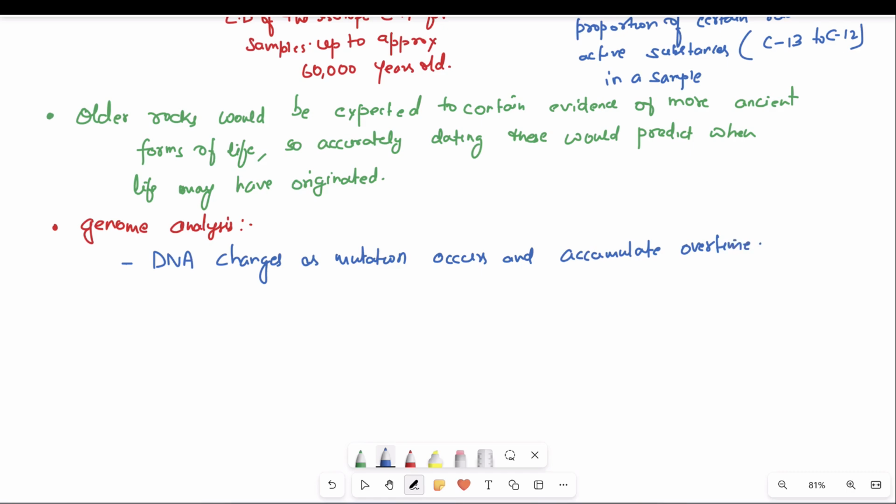Right? Next, what else? What is the other way, by estimating the average time of DNA mutation, like when it happened. Not an exact value, but an average value will give you an idea.